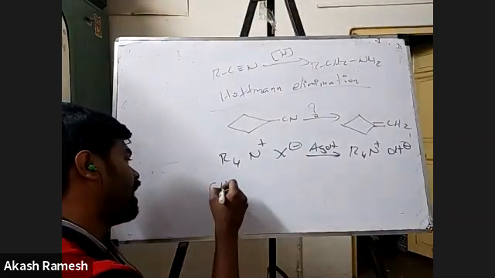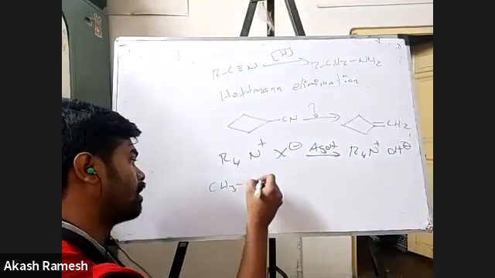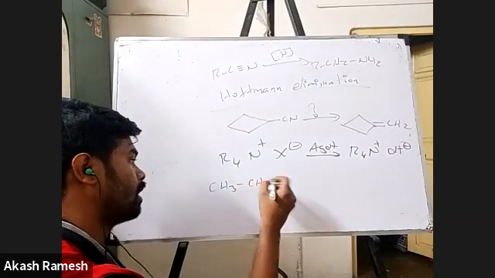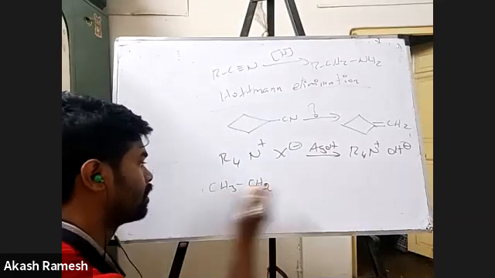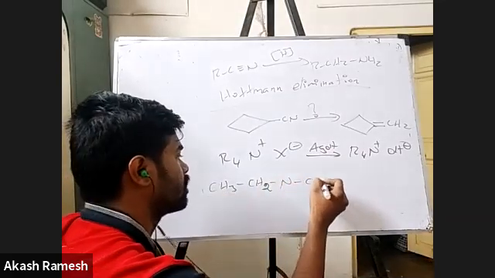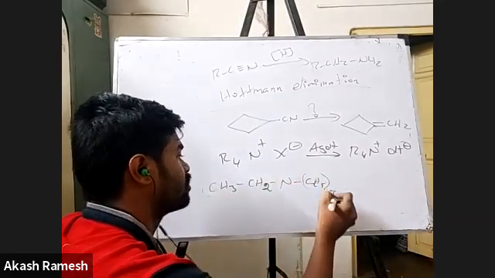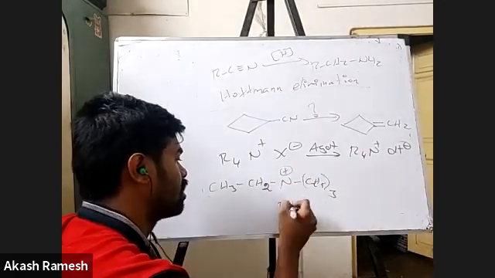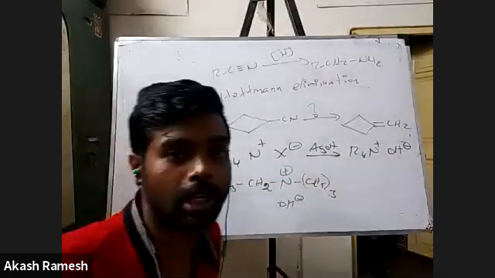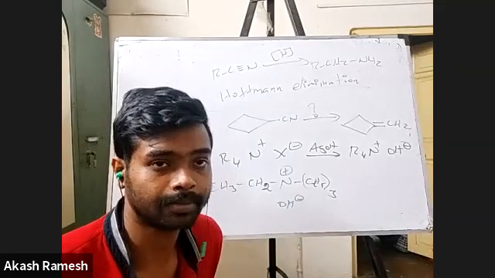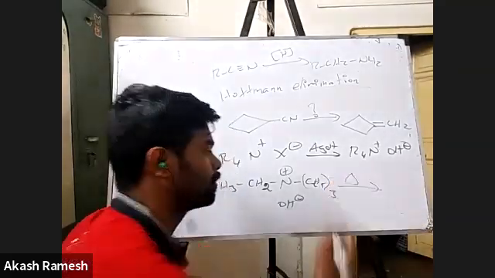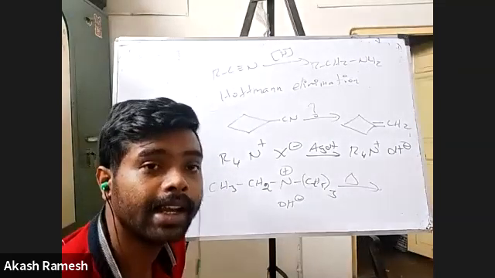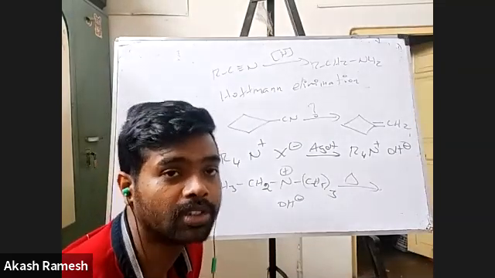Say if you had CH3CH2 and (C2H5) thrice N+ OH-. Assume that you have this.